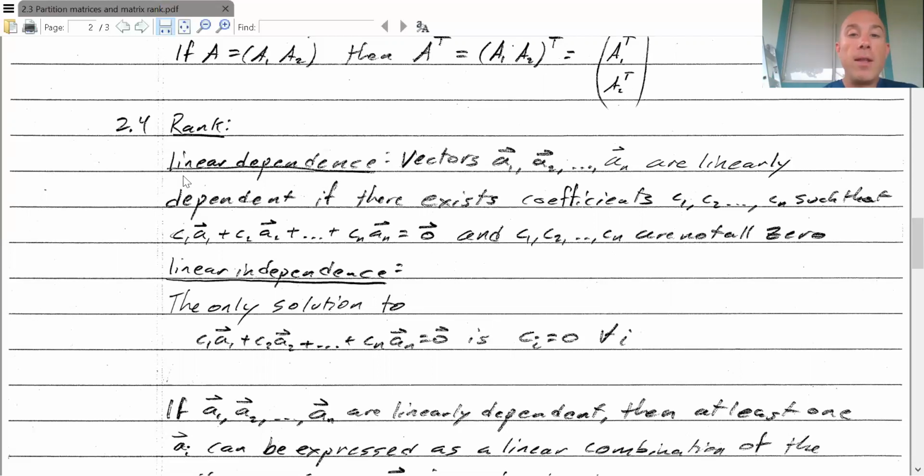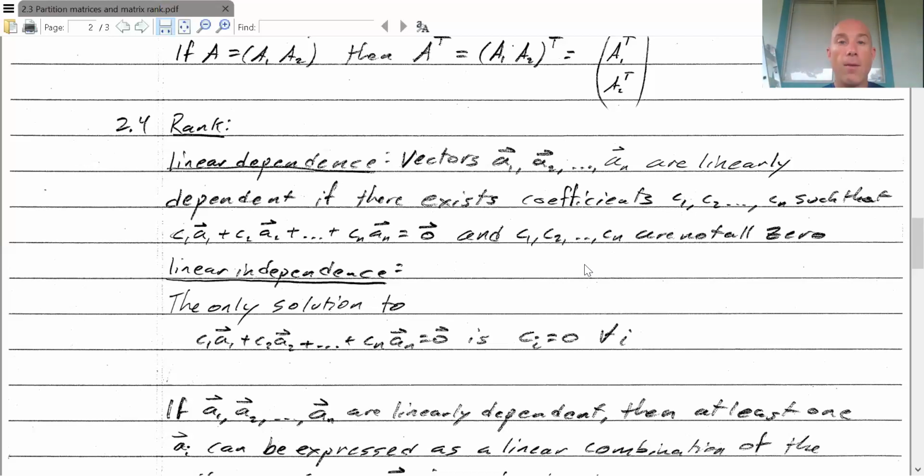First thing I want to say is linear dependence. All right, linear dependent. This is the one we don't want in a predictor matrix. Vectors, so these are all column vectors, are linearly dependent if there exist coefficients C1, C2, C3, ..., Cn, such that if I take a linear combination, the linear combination is 0 and the C's are not all equal to 0.